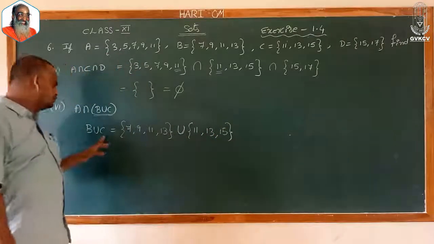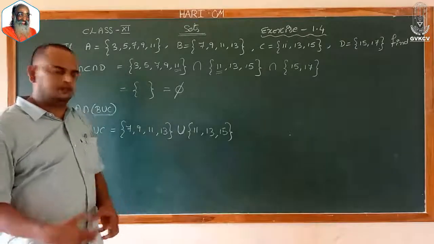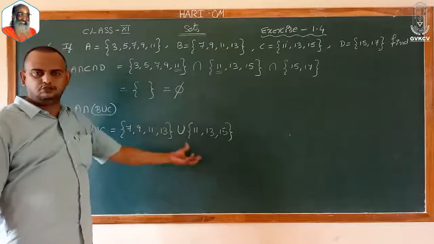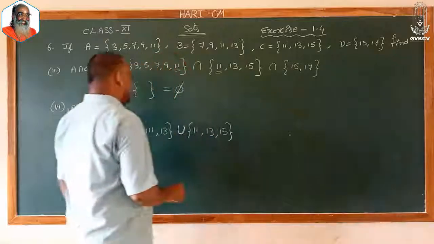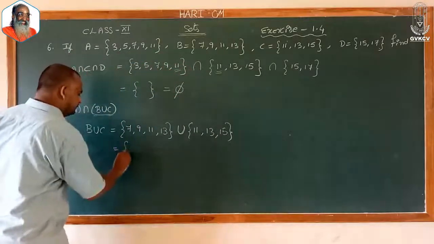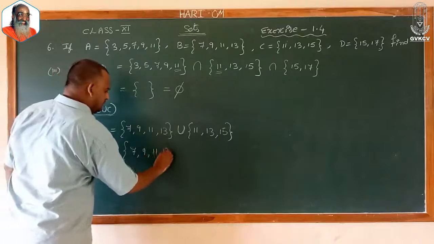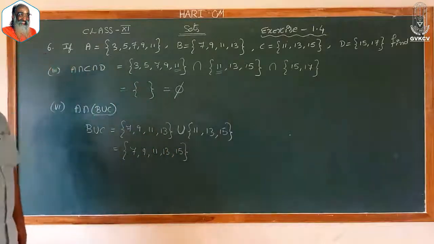What is the meaning of union? Together. We need to combine the elements of these 2 sets. What can we get here, Mona? 7, 9, 11, 13 and 15. These are the elements we get.